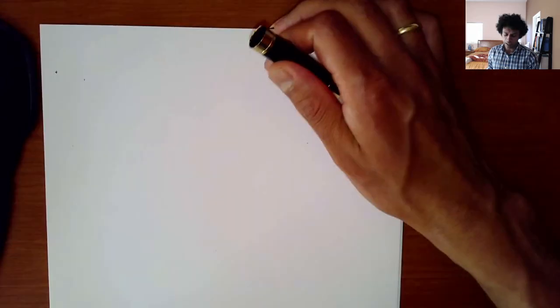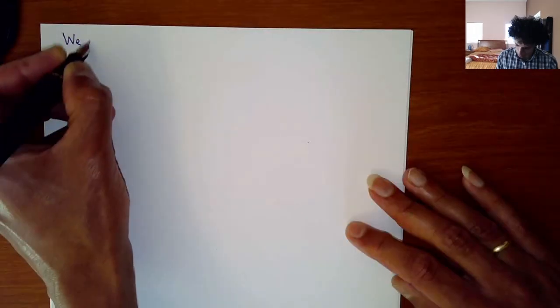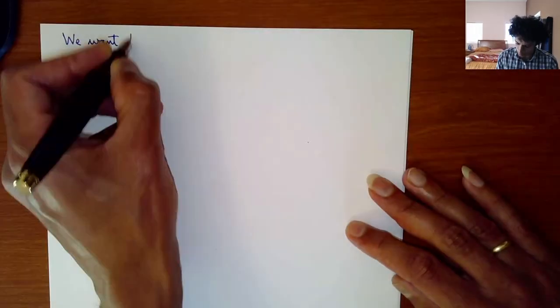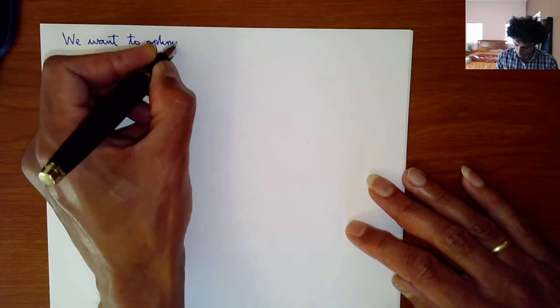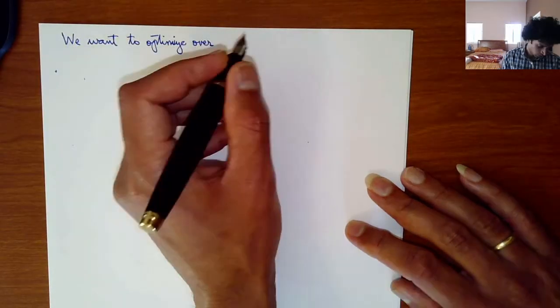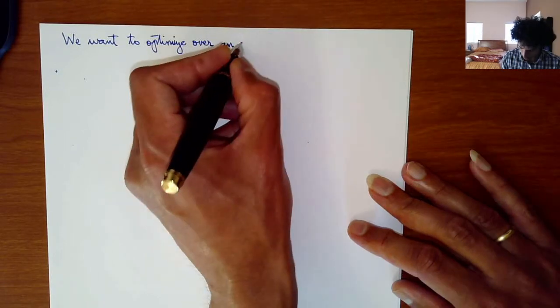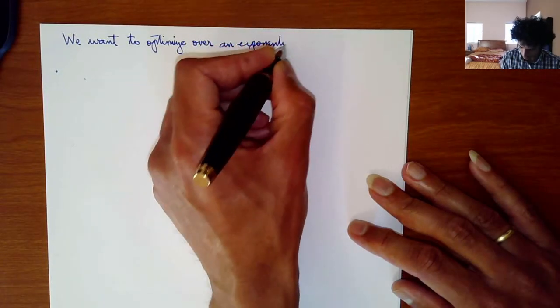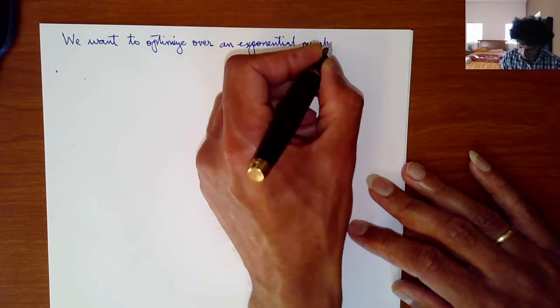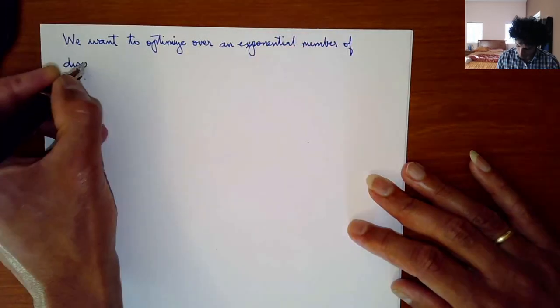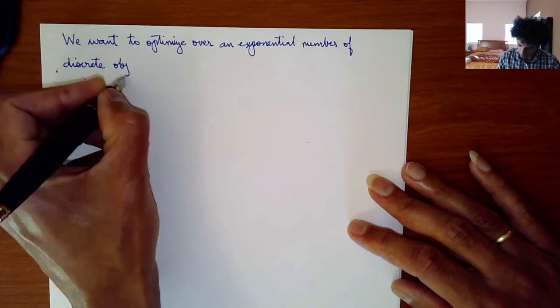So in the cases that we saw above, instead of thinking of the LP, think of the actual optimization problem that we wanted to solve. We want to optimize linear functions over an exponential number of discrete objects.